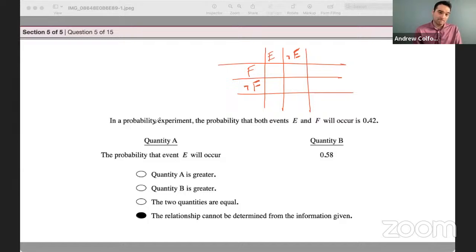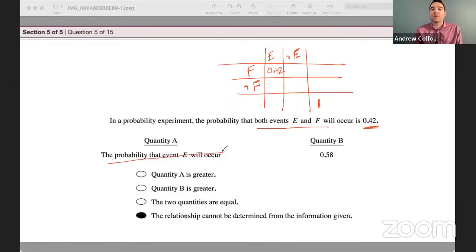Now, I'm told that the probability that both events happen, that E happens and F happens, is 0.42. Well, what do all the probabilities need to add up to in the end? They need to add up to 1, right? Everything needs to add up to 100%.